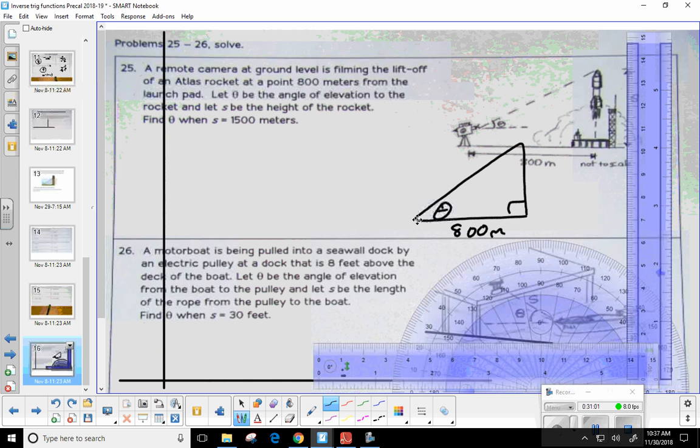And we also know the height's what? 1,500 meters. Now, we can solve for the hypotenuse if you want to, but actually, with theta's perspective, we've got the opposite and the adjacent, so we actually have everything we need. What function could I use? We can just go ahead and use tangent.